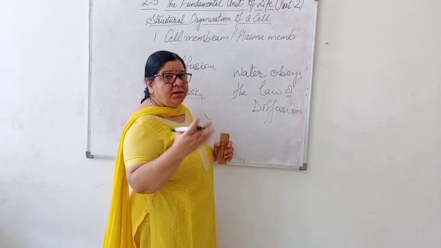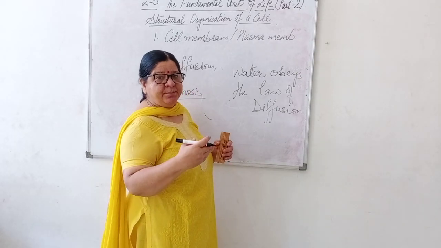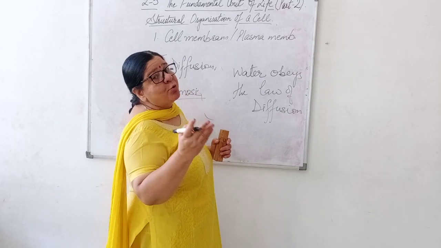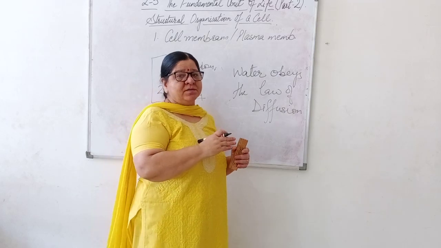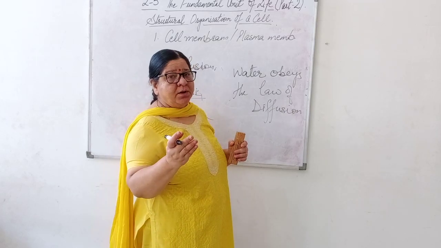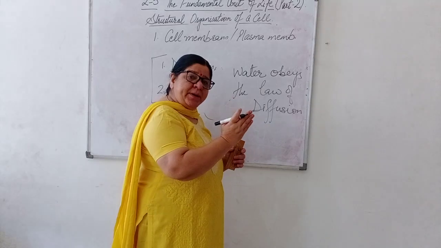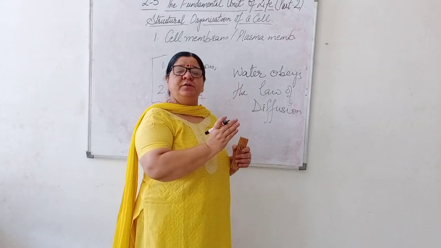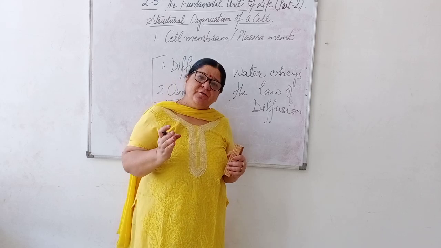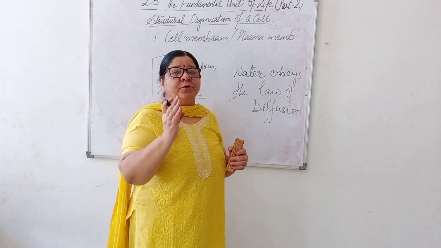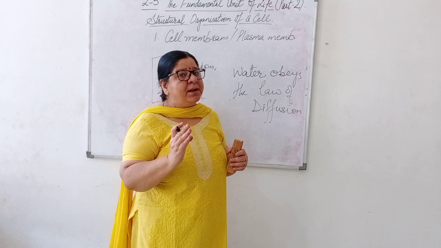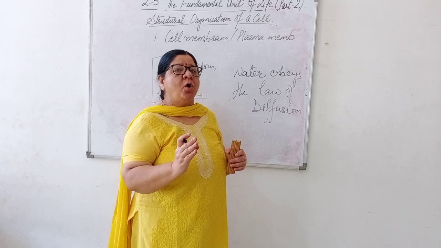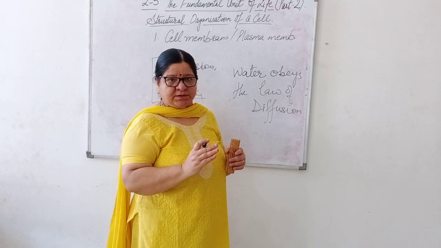The cell membrane is a semi-permeable membrane because it is allowing only certain things to pass in or go out. So, the movement of water particles from the region of higher concentration to the region of lower concentration through a semi-permeable membrane is called osmosis.